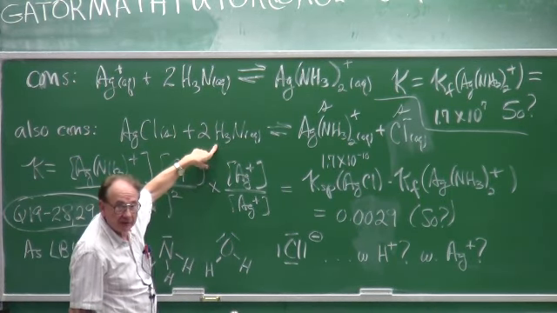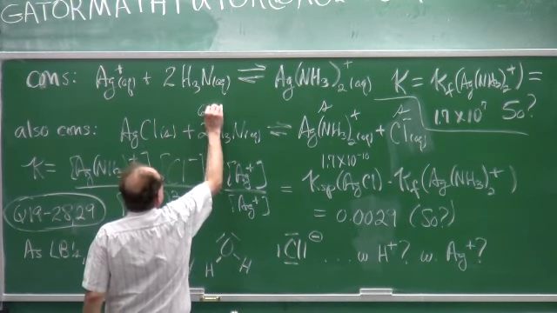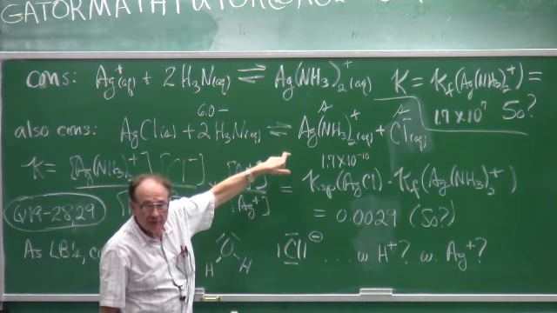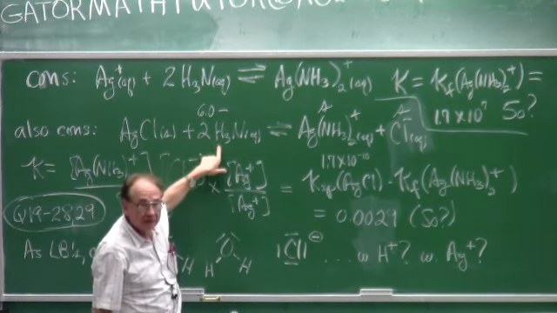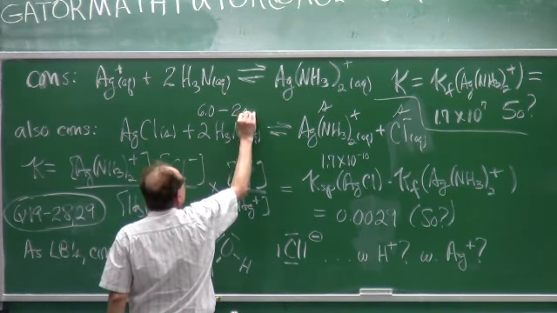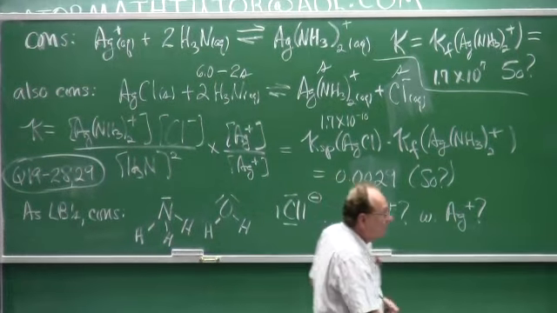We started with 6.0 molar, didn't we? How much of this do we have to use up to establish this equilibrium, to get the silver chloride to dissolve? 2s. Not difficult. We're just letting the reaction talk to us stoichiometrically.